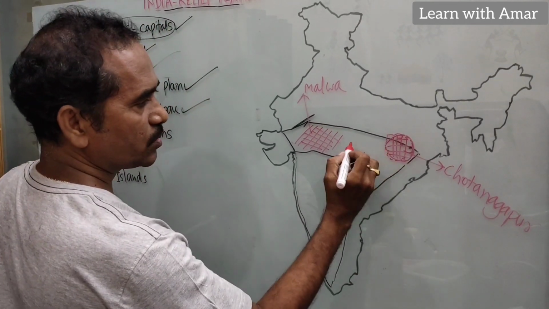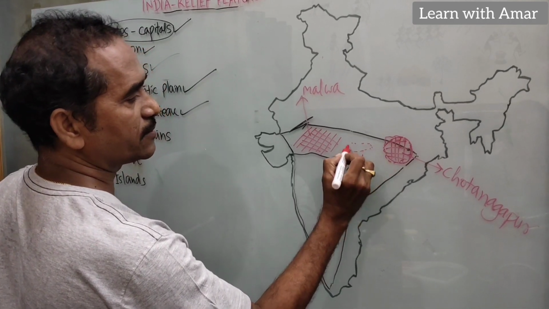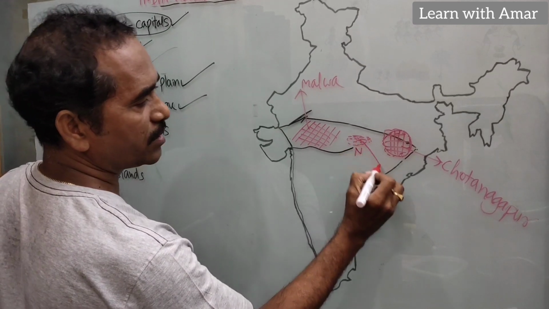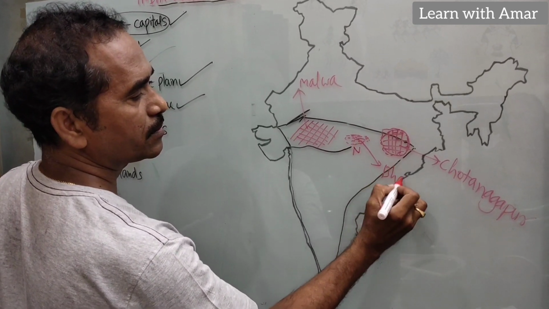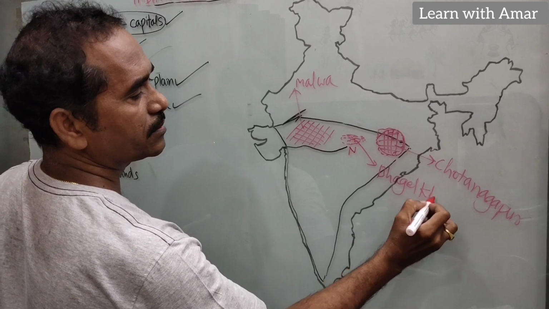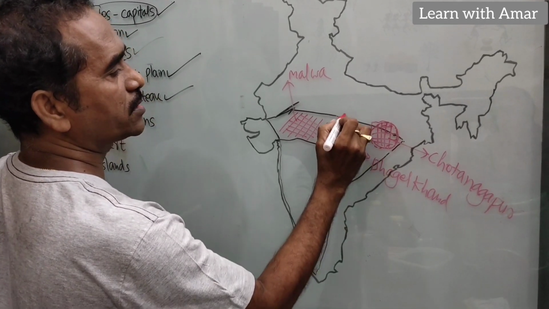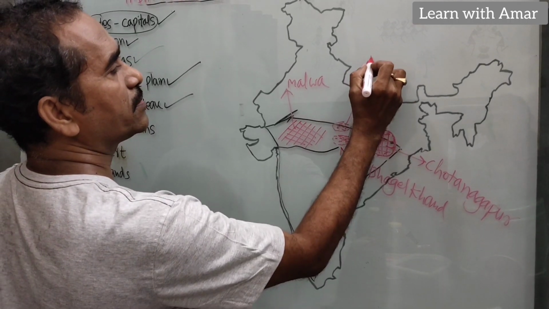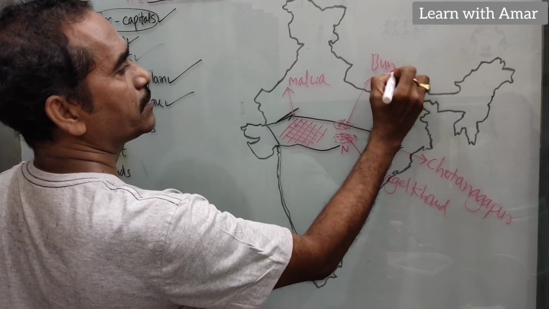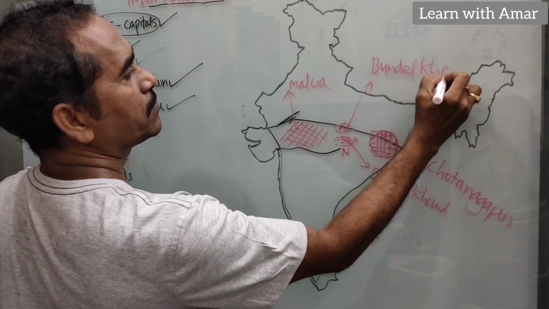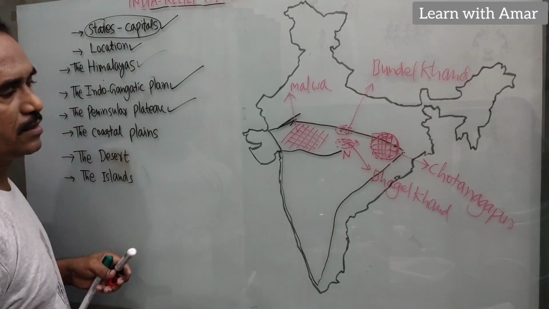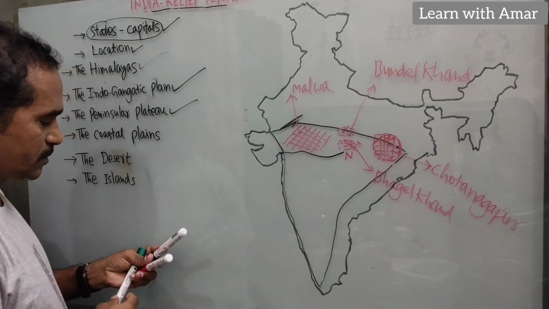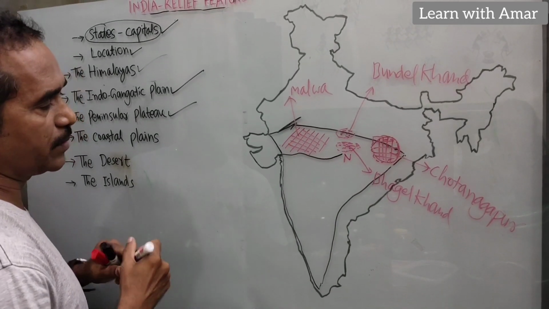And between these two, here also Baghelkhand. It is Baghelkhand. And above it, on this side, we find Bundelkhand. Okay, now we move on to here. The whole part below is called the Deccan Plateau.